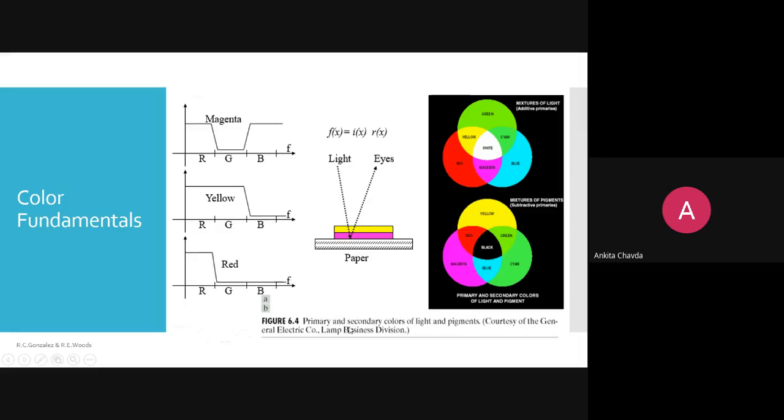This is the copyright image. So now you can see here: the perfect addition of the colors will generate white, and this is the perfect subtraction, the mixture of the pigments, which will give you the black color. So we were talking about that only.